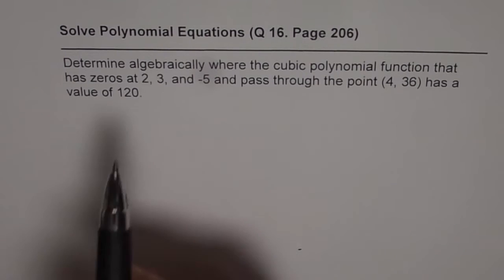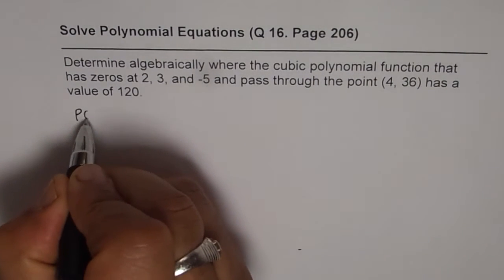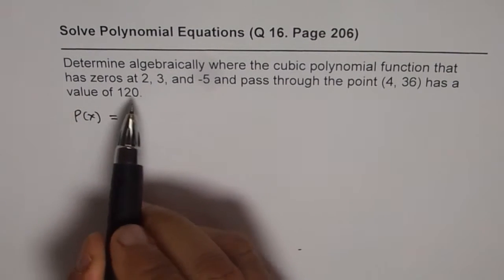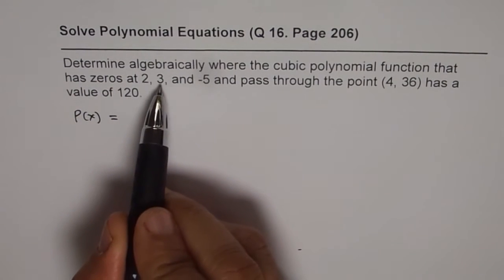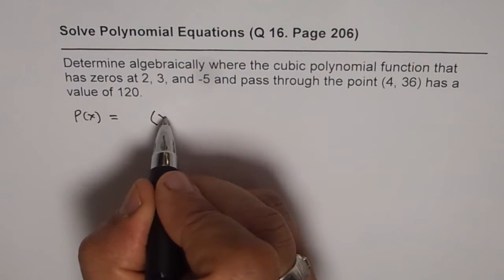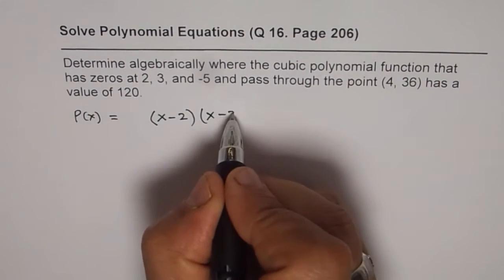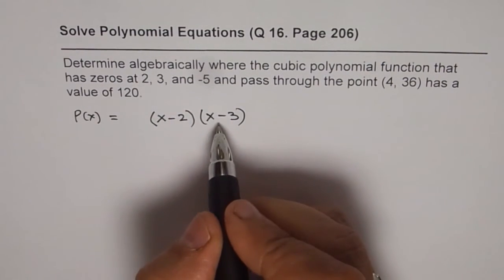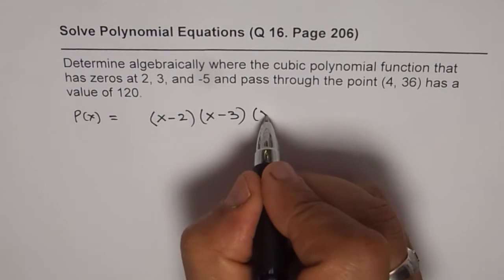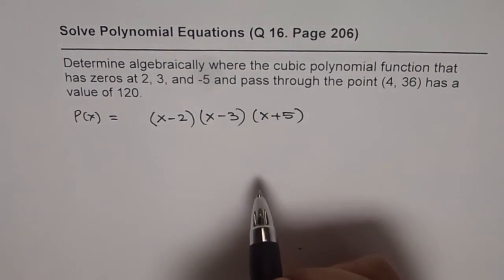Now let's begin by writing the cubic polynomial. Let's say the polynomial is p(x), and since we know that the zeros are at 2, 3 and -5, we can write the factors: x - 2 will give us 0 at 2, x - 3 will give us 0 at 3, and x + 5 will give a 0 at -5.